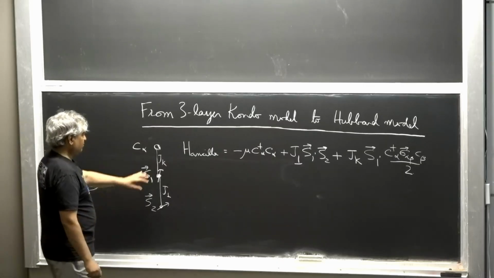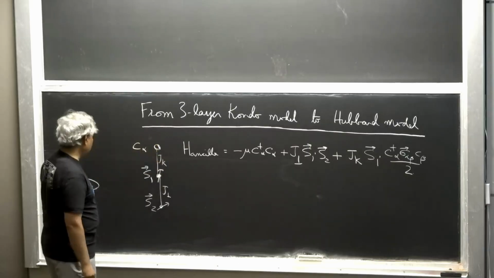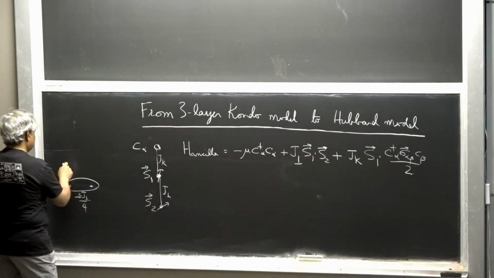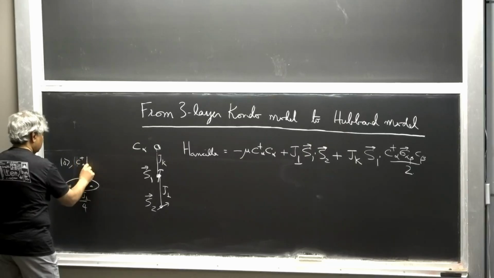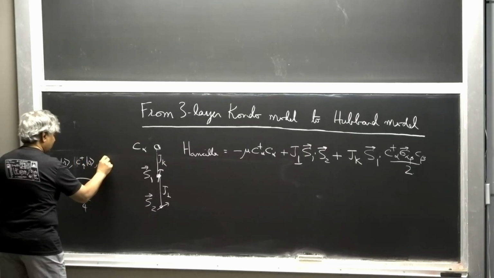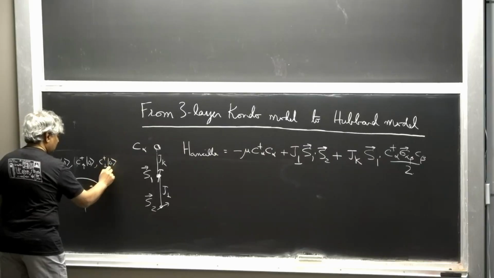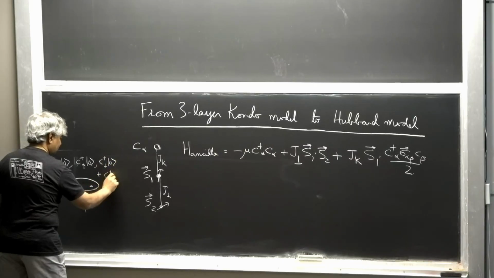And if I think of JK small, then this has 4 states, basically. It has the empty state, it has the C dagger up state, the C dagger down state, and it has the both occupied state.